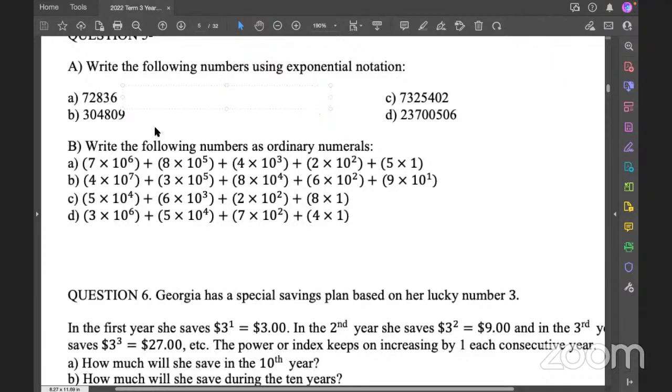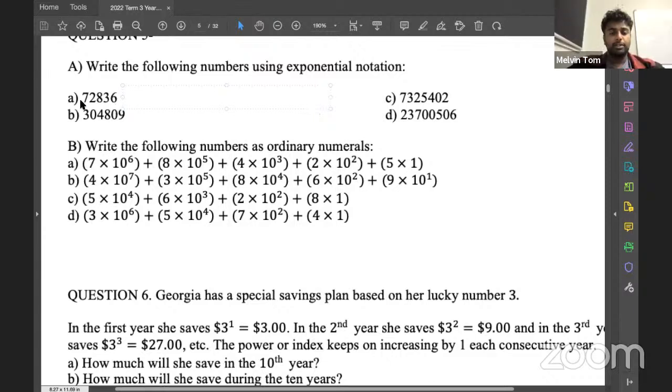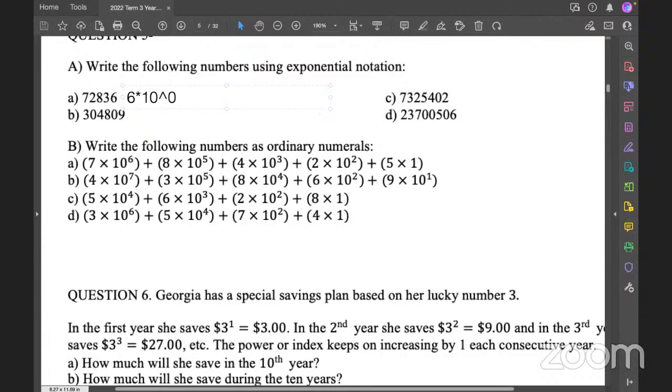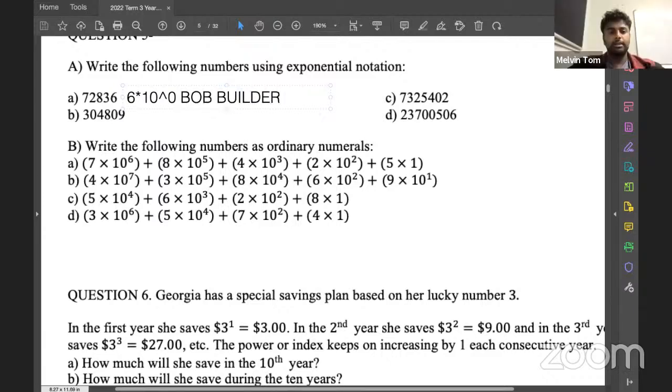Awesome. One thing I'll do is work backwards, just because it's easier to visualize. So 6 is 6 times 10 to the power of 0. Can you guys see me typing? Yeah. You see that, right? Okay.